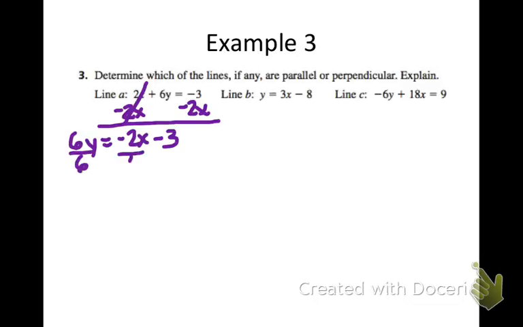Solve for y. We already said that line B was okay, so let's go ahead and change line C.